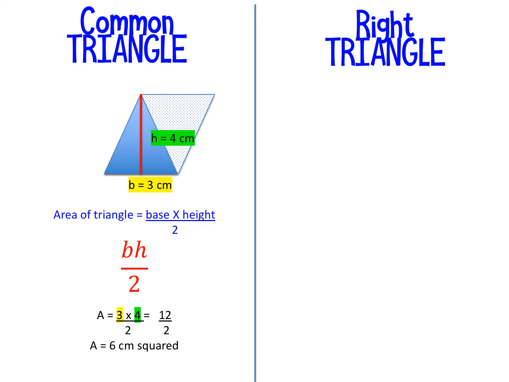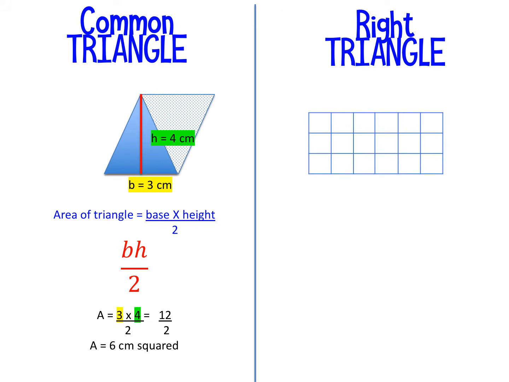Notice if you take a parallelogram and cut it in half diagonally, you also have two triangles of the same base and same height. So the formula for any triangle will always be base times height divided by 2. In this example, 3 times 4 is 12 divided by 2. This triangle would have an area of 6 square centimeters.